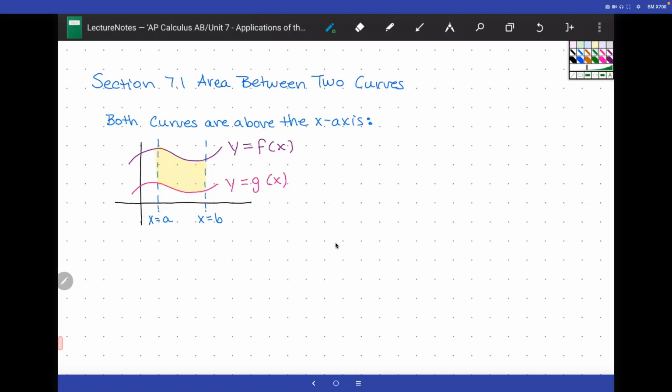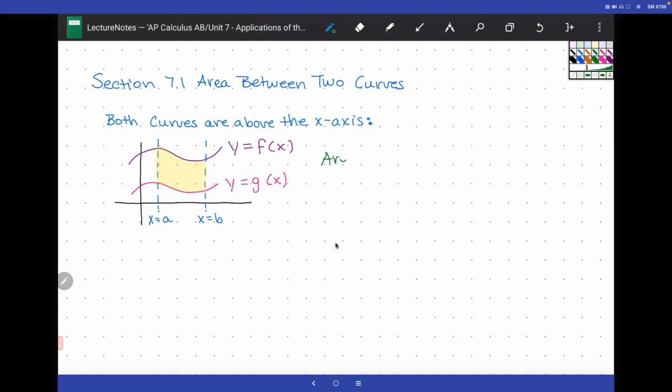So we can see very easily all we need to do to find this area, the yellow area, is find the area between the x-axis and f, and then subtract off the area between the x-axis and g. So let's write this out.